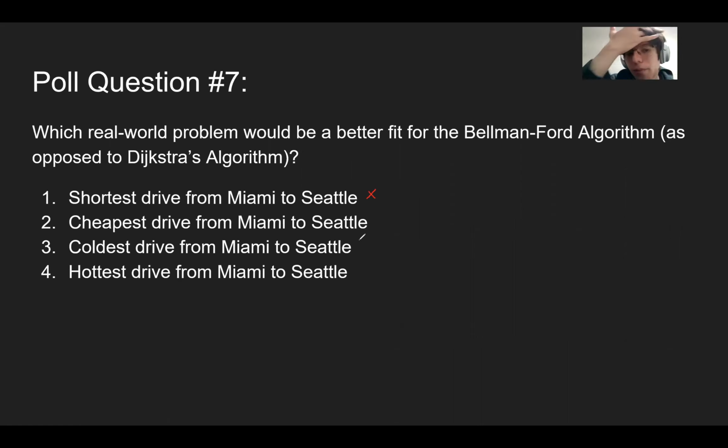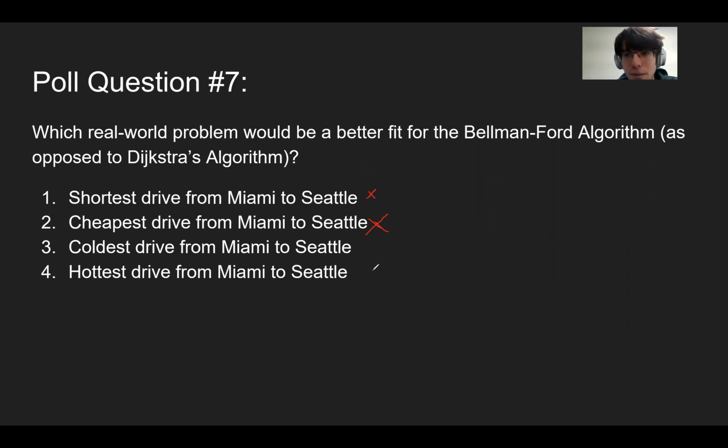Well, here, rather than thinking about the weights as distances, we can think of the weights as the cost from point A to point B. And again, we can still build a graph with it. So that's not really it either. Hottest drive from Miami to Seattle. Maybe now, again, we think about the temperatures, right? And for hot temperatures, we expect positive numbers.